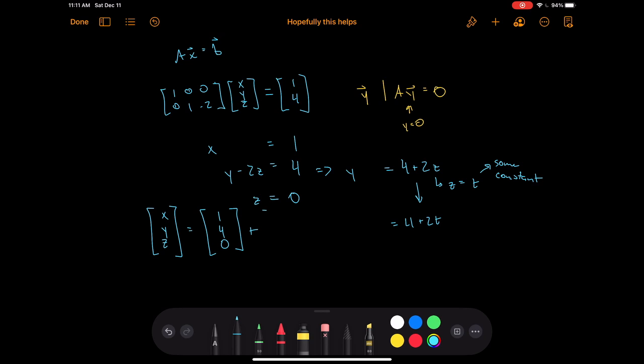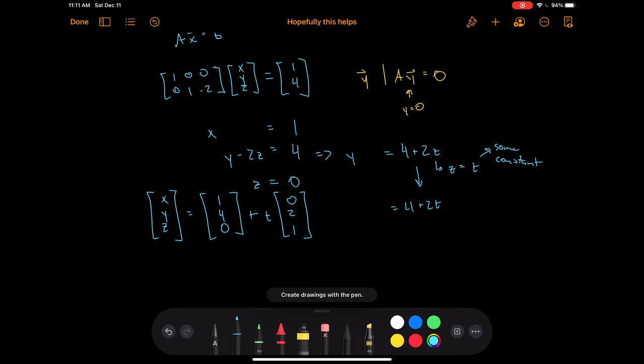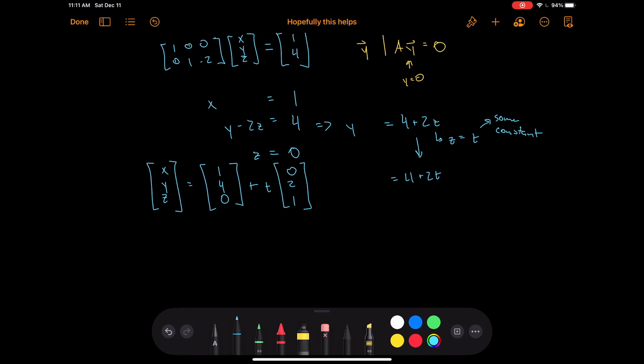And so what ends up happening is we can write this as t multiplied by 0, 2, 1.